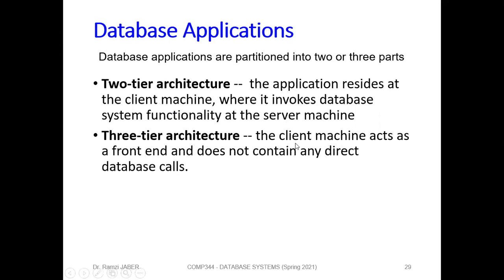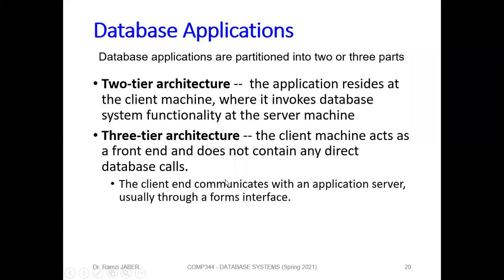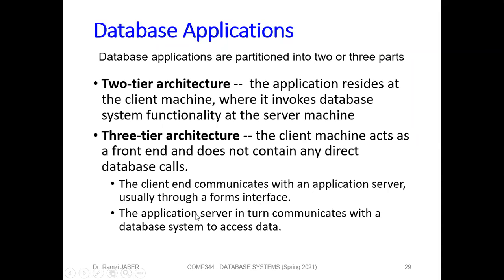We have an intermediate engine that takes the request from the client machine and converts it to the database. The client communicates with an application server, usually through a forms interface. The application server in turn communicates with the database system to access data. So in three-tier architecture, we have intermediate software that converts your request from the client to the database.